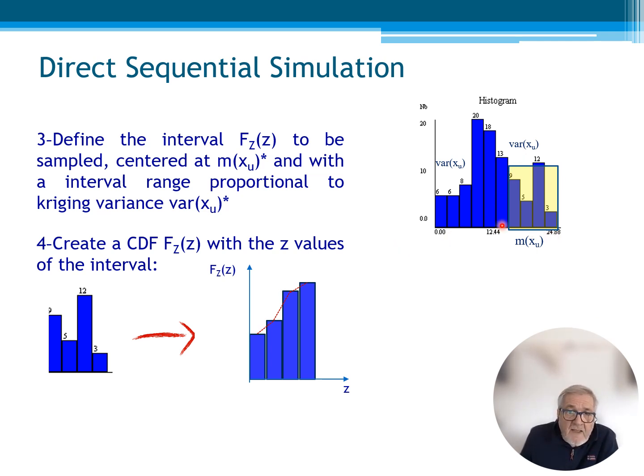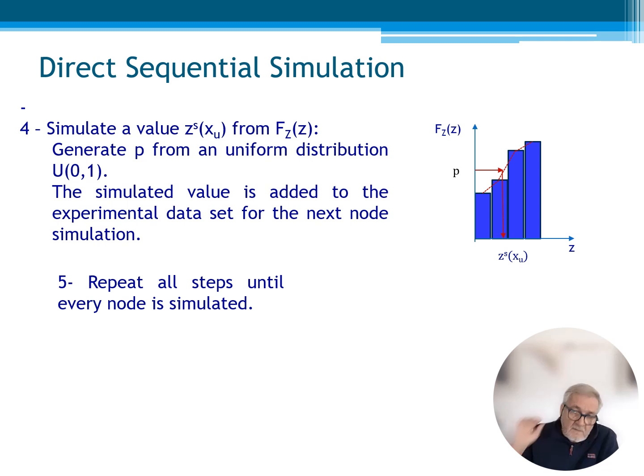After we extract the values of this interval, we create a local cumulative distribution function, and we simulate a value from that local distribution, using the classical inverse method that you have seen previously. We repeat those steps until every node is simulated.